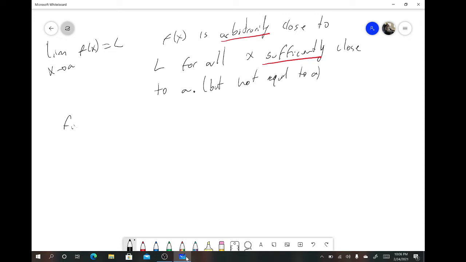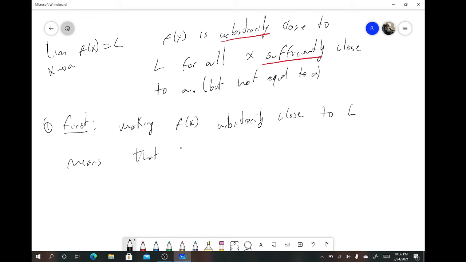So first, number one, making f of x arbitrarily close to L means that the distance between f of x and L is made small.